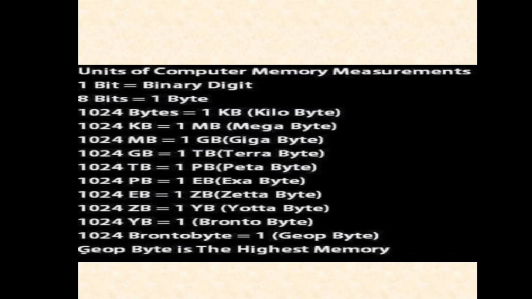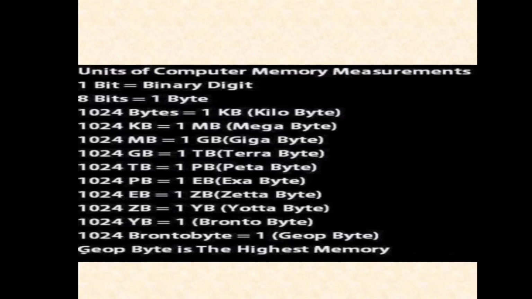Same, then 1024 terabytes will be equal to 1 petabyte. Then 1024 PB is equal to 1 exabyte. Then 1024 EB will be equal to 1 zettabyte. Then 1024 ZB is equal to 1 yottabyte. Then 1024 YB is equal to 1 brontobyte.